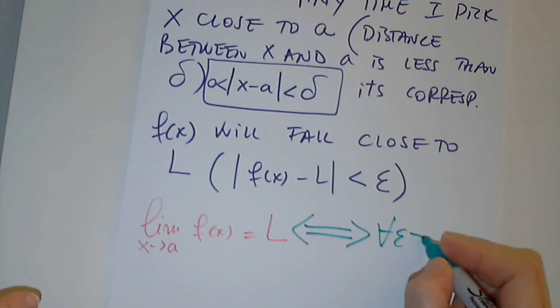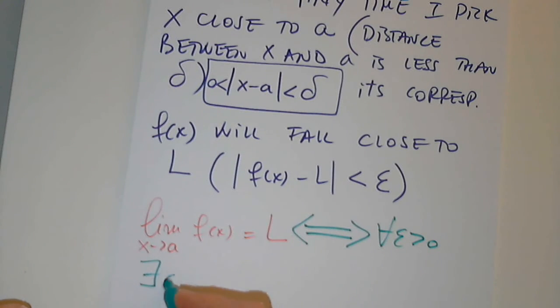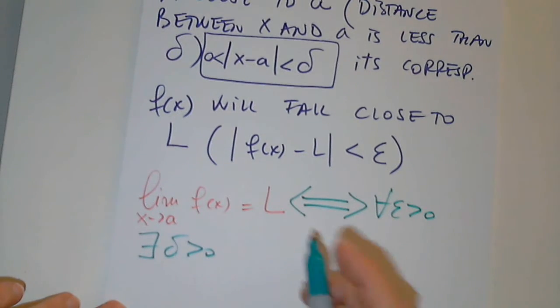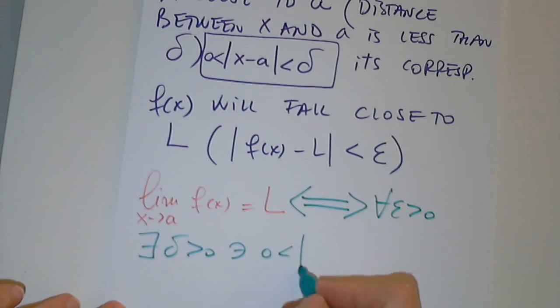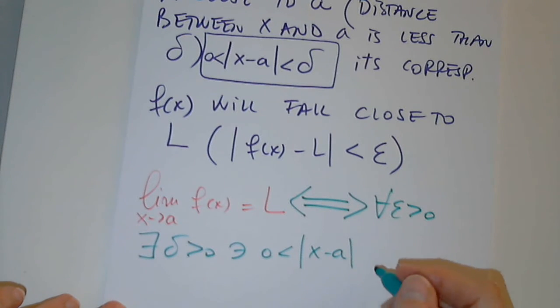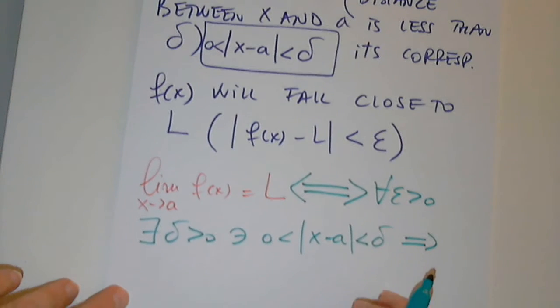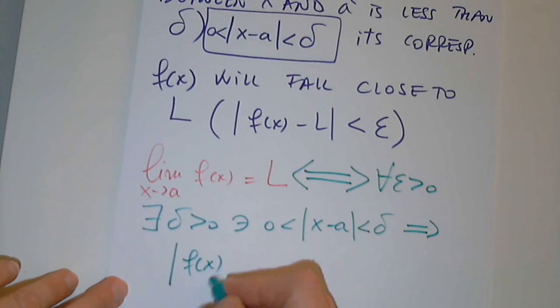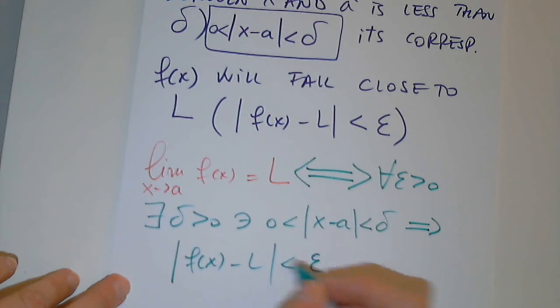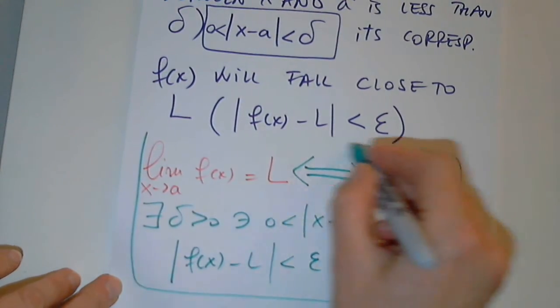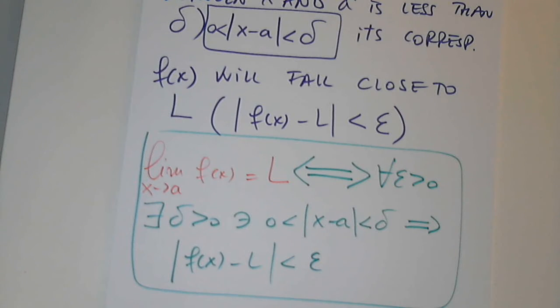For every epsilon greater than 0, there exists a delta greater than 0, such that every time I pick x close to a, less than delta, this will always imply that the absolute value, the distance between f of x and the limit, will be less than epsilon. It looks and sounds like gibberish, probably. It will be very simple in a moment when we look at examples.